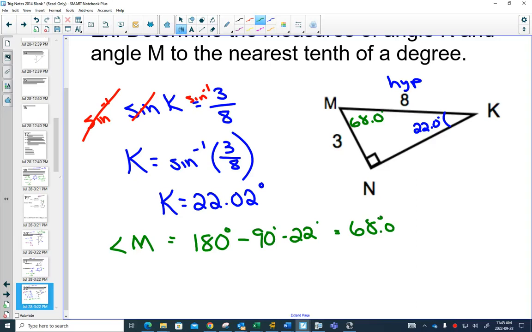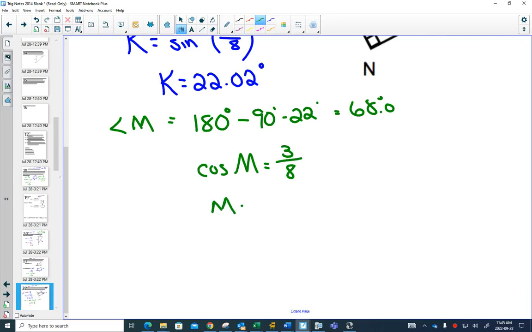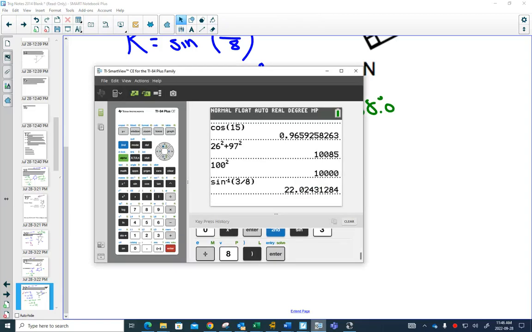But I heard somebody else say, ooh, we could use cos. Cos of angle M is the adjacent side, which is the 3, and the hypotenuse is 8. We have all of our ratios memorized in our calculator. So we can get rid of the cos by doing cos inverse on both sides. We could type it into our calculator.